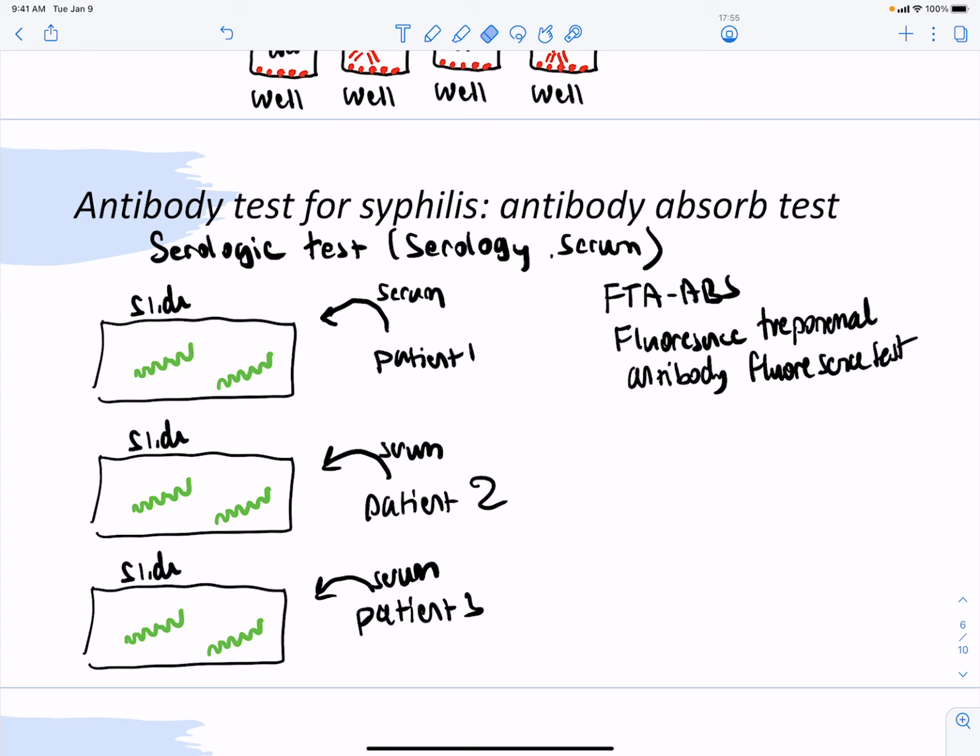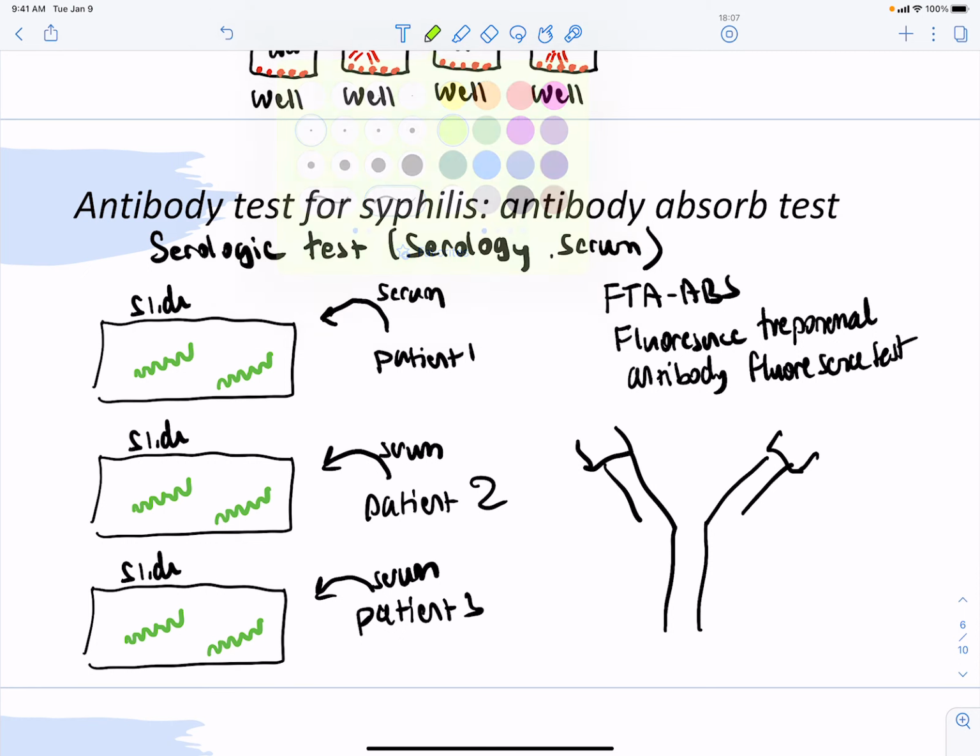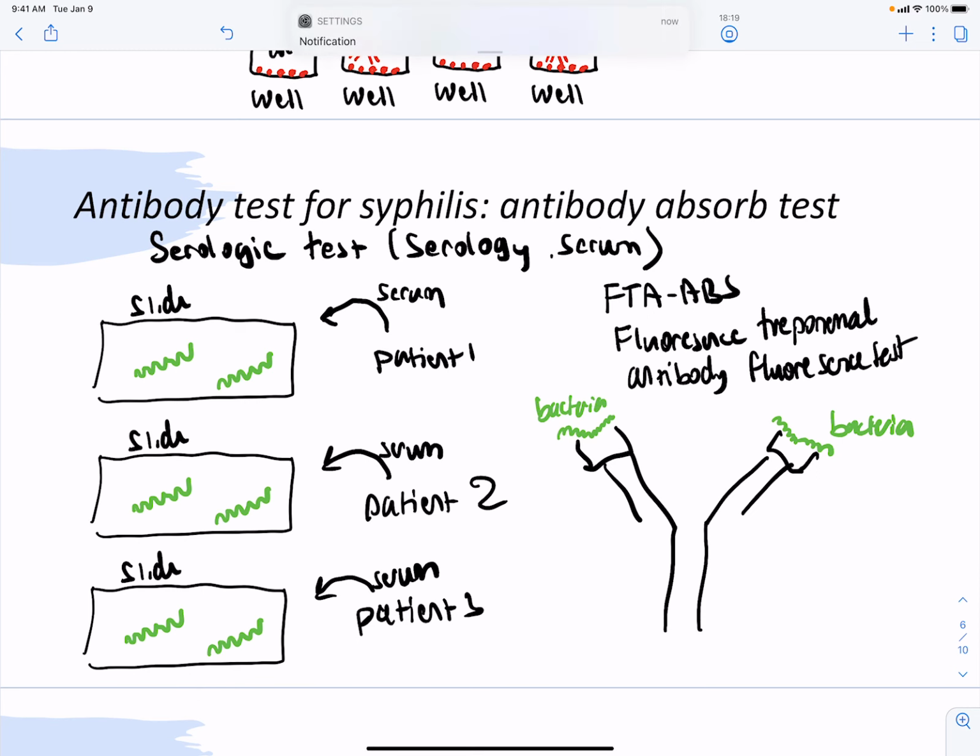So remember, when we talk about antibodies, we talk about them in the shape of a Y. And remember, this is where your spirochete is going to bind if it's specific. I'm just going to draw it as a little spirochete. So here's your bacteria, and that's just an epitope of the bacteria. The bacteria will, of course, be larger, but I'm not drawing that.